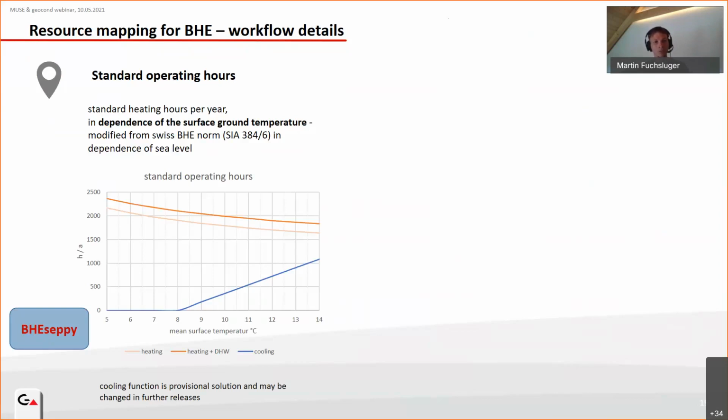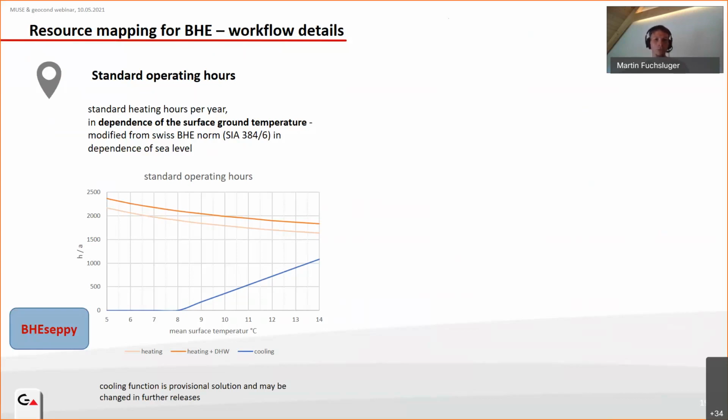So you can see the curves. One is for heating and domestic hot water, and the other is for cooling. That means the higher the mean surface temperature on this spot, the lower the standard operating hours per year. It's designed for one-family houses, of course.